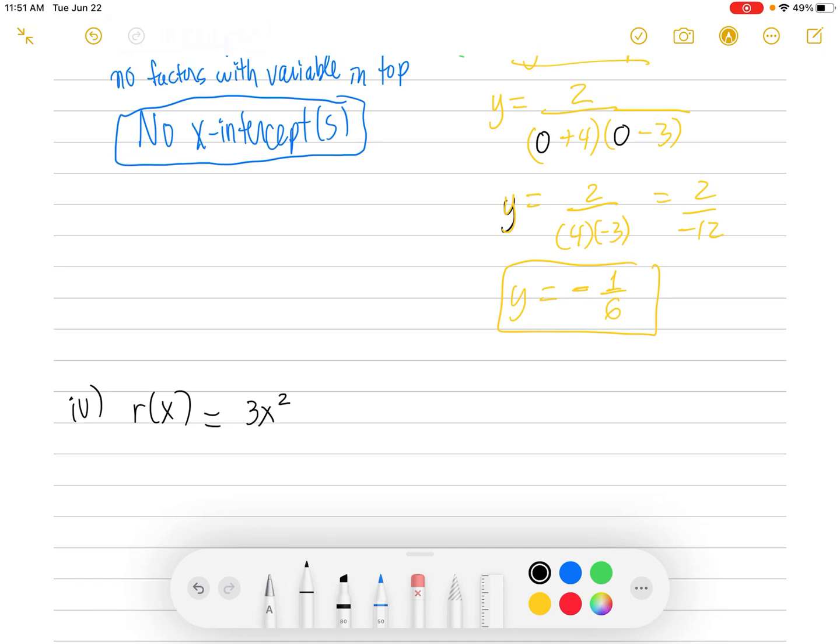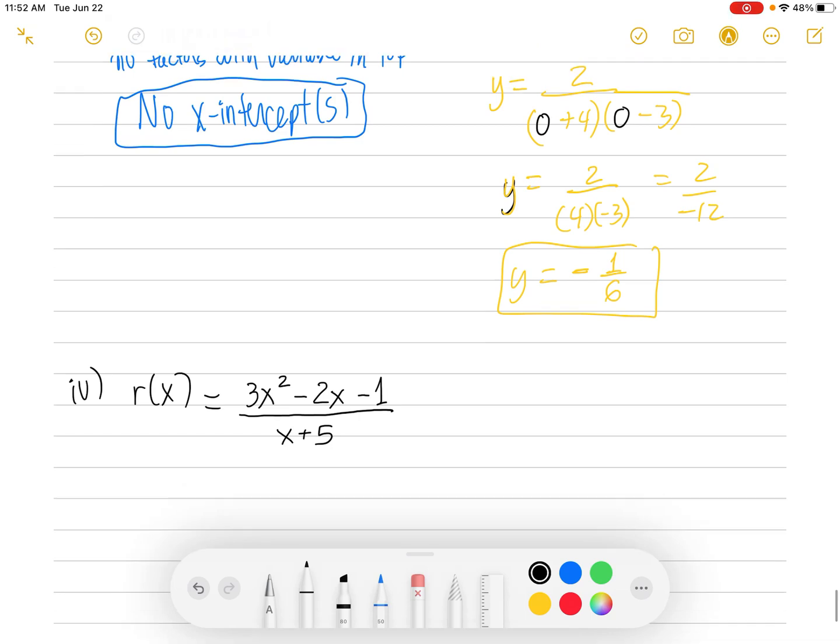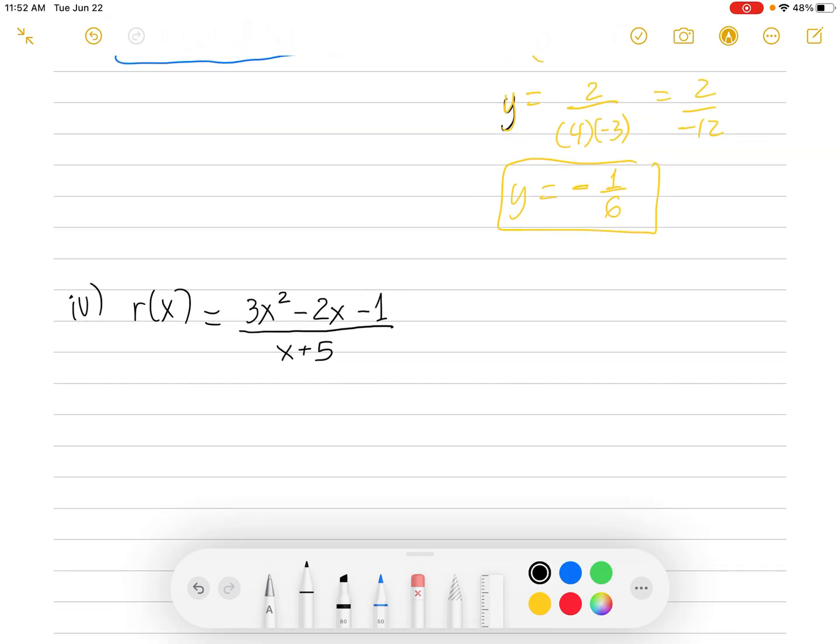Let's do 3x squared minus 2x minus 1 on top, okay. 3x squared minus 2x minus 1. And on bottom, let's say we have x plus 5. Good example.